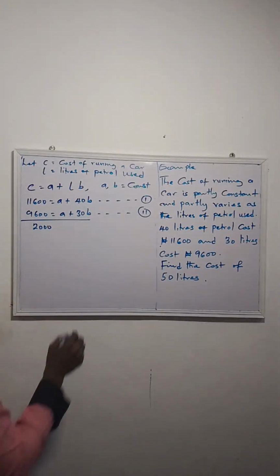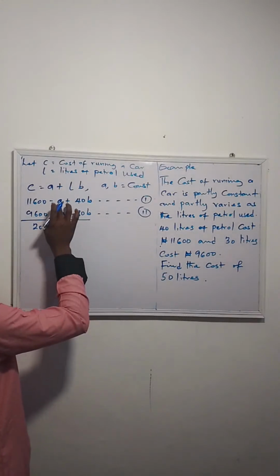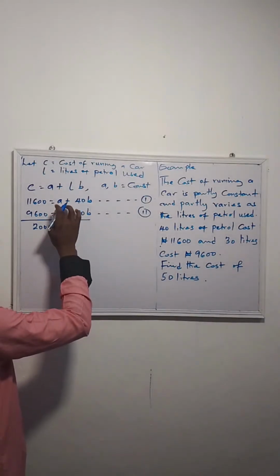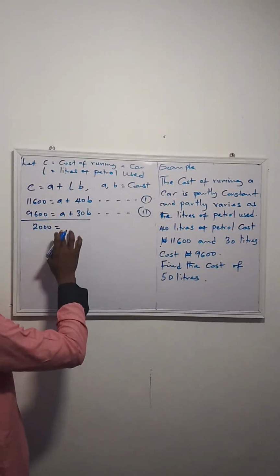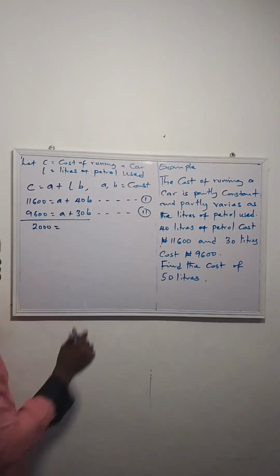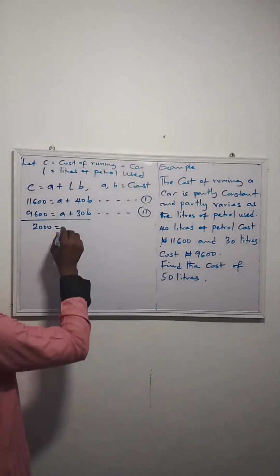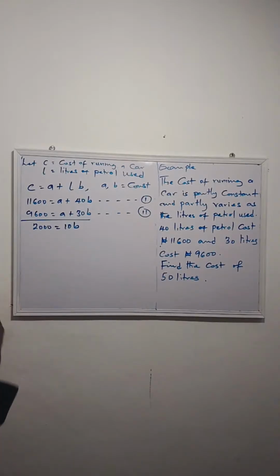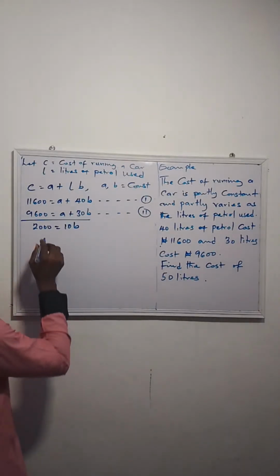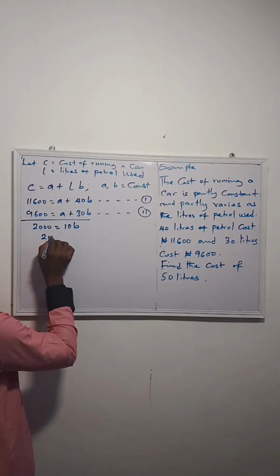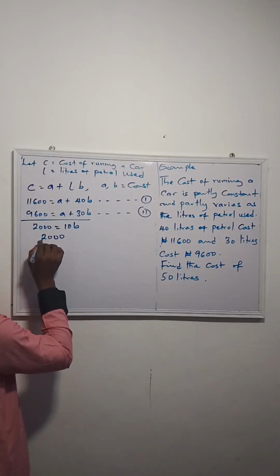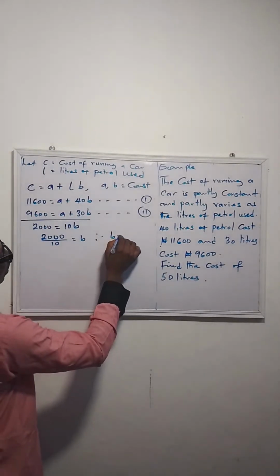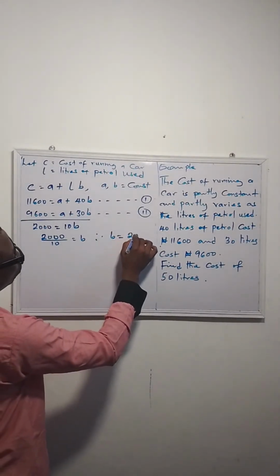So that's what we have, equals A minus A, which gives you 0. Now 40B minus 30B gives you 10B. So here you divide both sides by 10. So we have 2,000 divided by 10 equals B. Therefore, B equals 200.